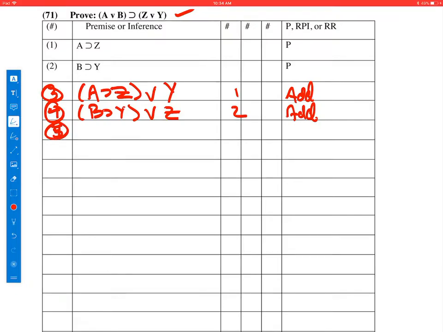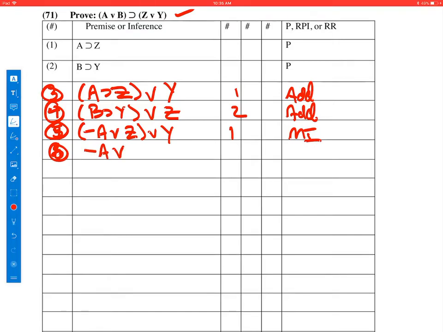Now, remember I said I was after a common term. So let me convert both 3 and 4 to ors, so I get not A or Z or Y. That's from 1 by material implication, just on the first disjunct.